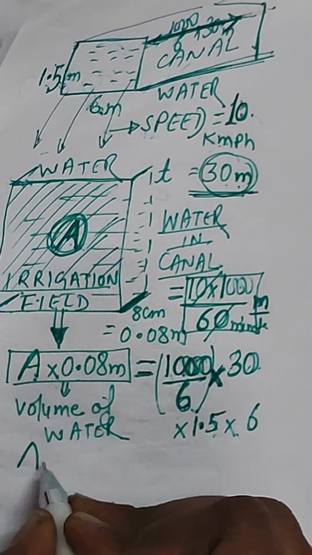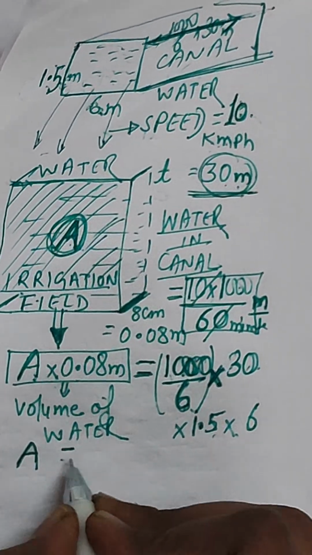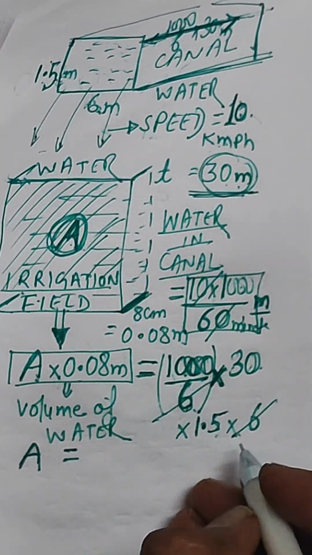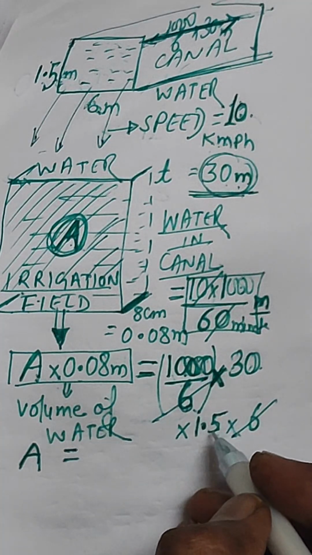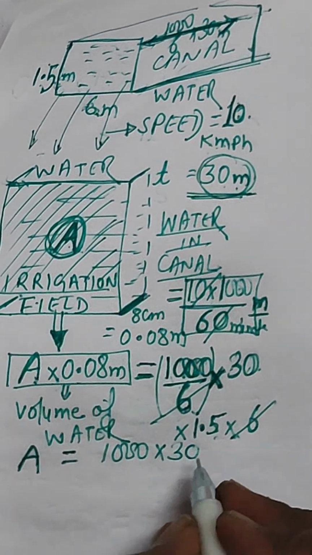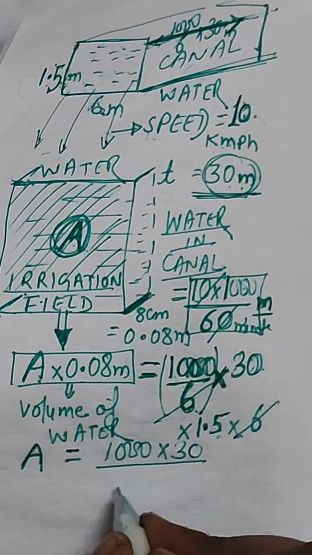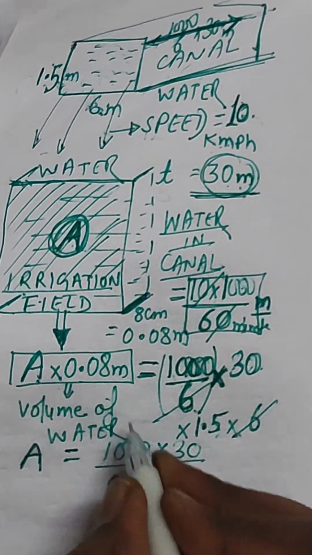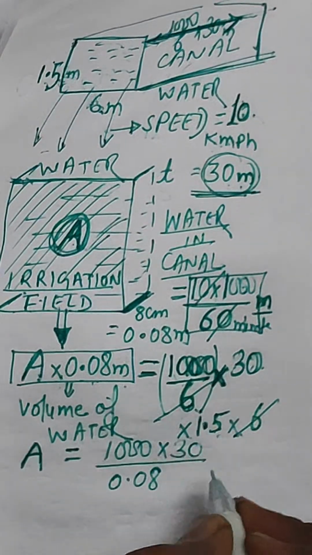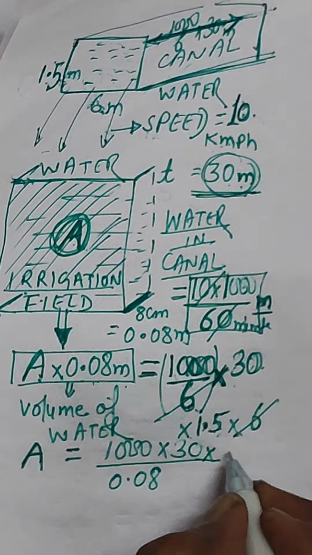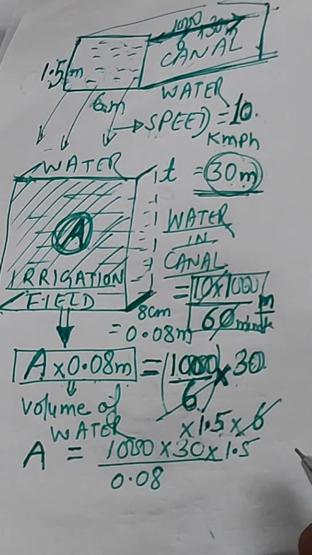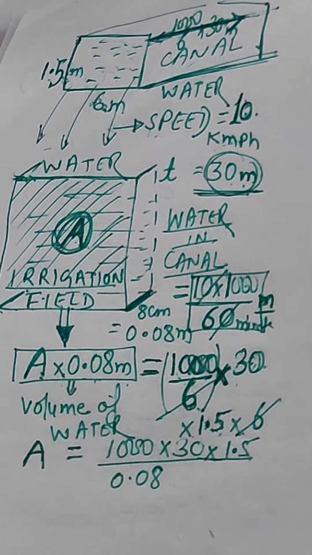So A can be written as, here 6 and 6 will be cancelled out on the RHS, and we have 1.5 into 1000 into 30 by 0.08, this one, right? 1.5 is also in the numerator, so 1000 into 30 into 1.5 by 0.08, right?